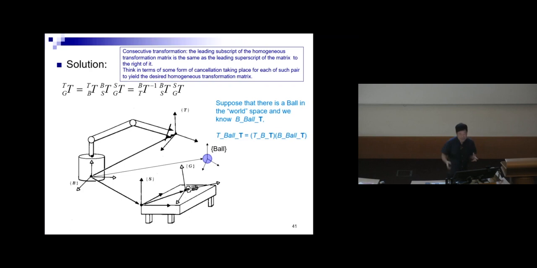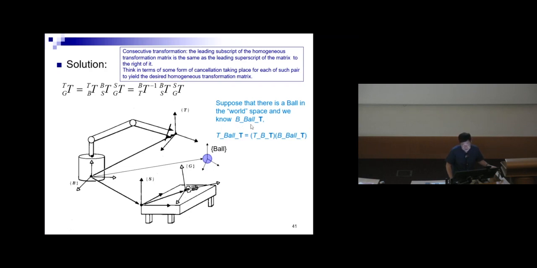Okay. So if I have a ball in the air, you have a ball somewhere. So this ball is over here. And then we know the ball with respect to B, the ball with reference to the B frame.